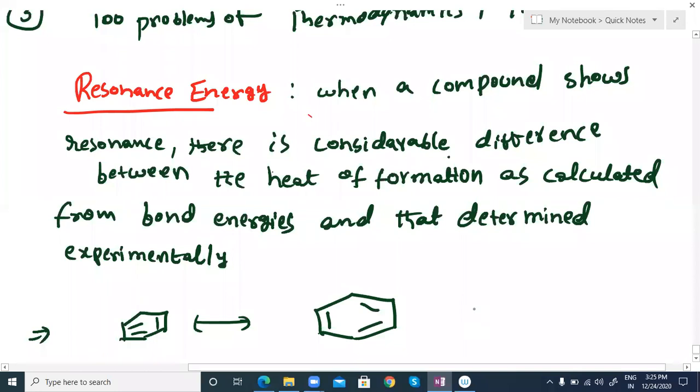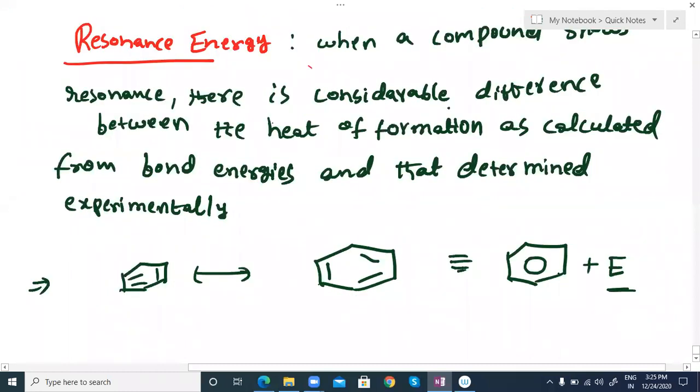So ultimately we write the benzene ring with a circle inside. Due to the moving pi bonds, some energy is released. The amount of energy released due to resonance is what we call resonance energy.